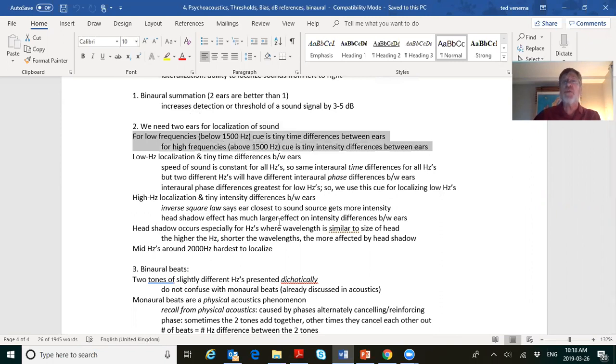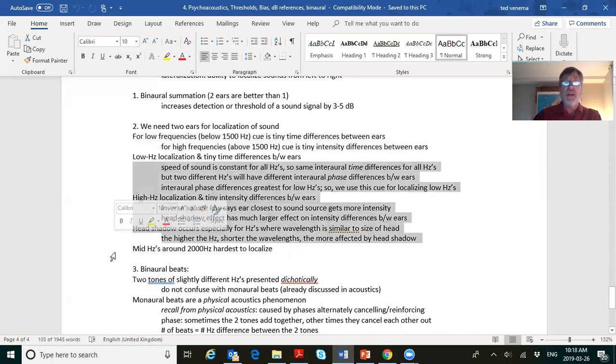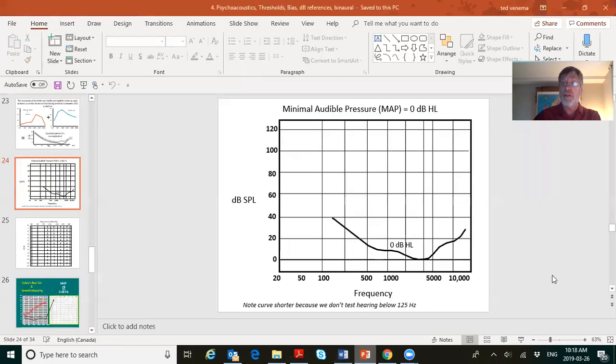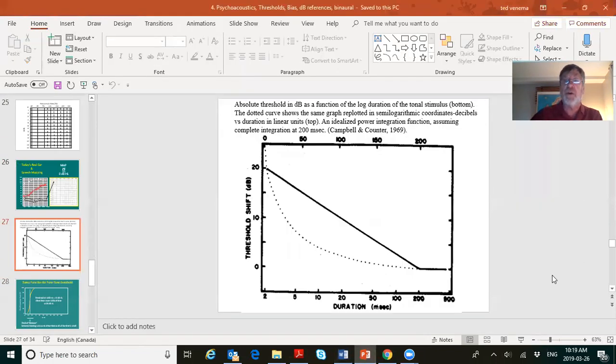For high frequencies above 1,000 hertz, the cue is tiny intensity differences between the ears. Don't freak out about all the verbiage. But mid-frequencies around 2,000 are the hardest to localize because the superior olivary complexes don't know which cue to use. They get mixed up. Let's look at our PowerPoint and see if we've got a picture of binaural.